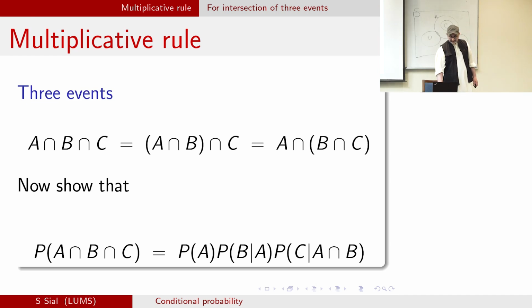We won't use this a lot, but in principle, you could develop formulas for the probability of the intersection of 3 events, the probability of the intersection of 7 events, and so on and so forth, as the formulas get longer. So this is a multiplicative rule for the probability of a triple intersection.